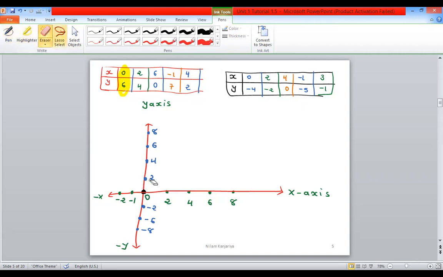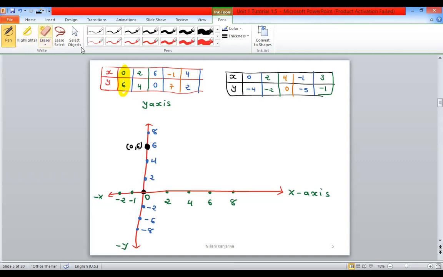So x 0 and y 6 happen here. This is your first point, x 0, y 6. Give the name 0, 6.